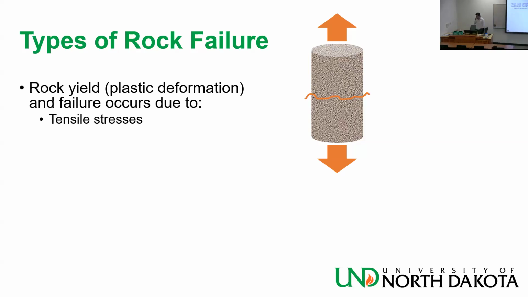It's pretty simple because I have the rock grains held together, and I'm pulling them apart, and I need to break this bond with the applied stress, and I get failure. So we have to beat or exceed the tensile failure criterion of the rock to get tensile fractures.